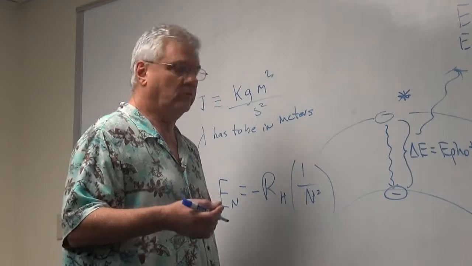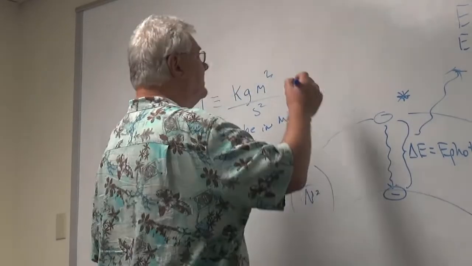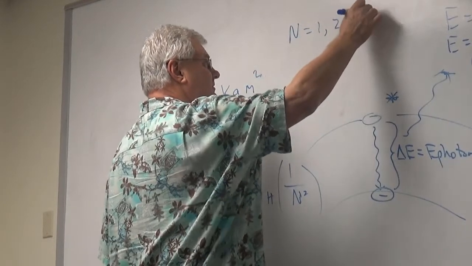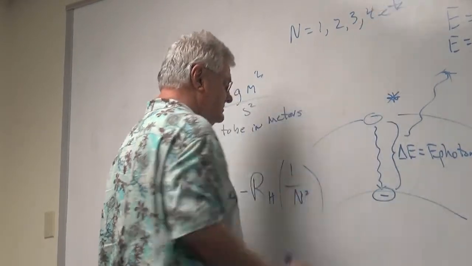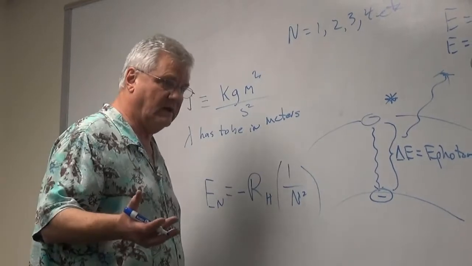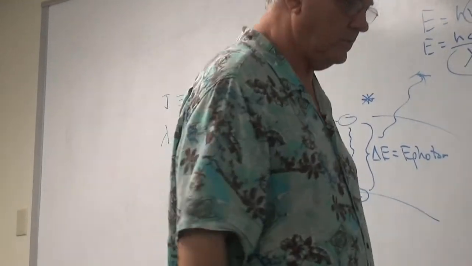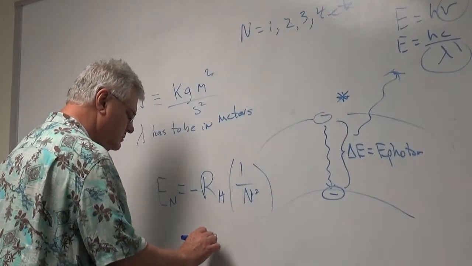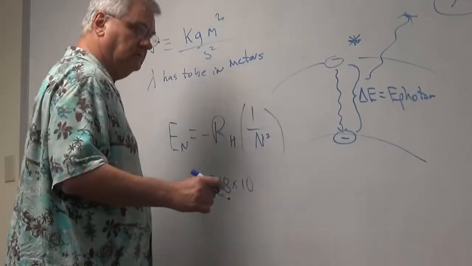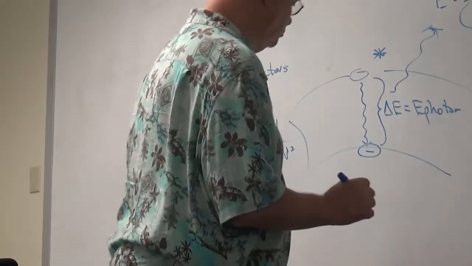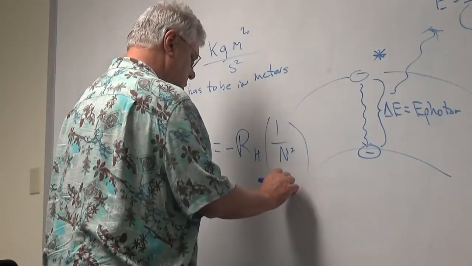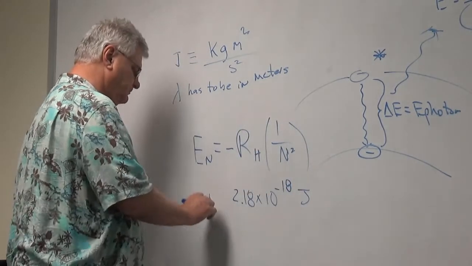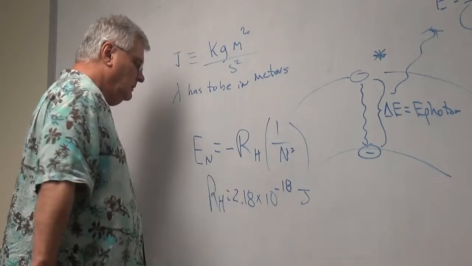So it was the first of the 4 quantum numbers that we learned about. And its values are just integers, 1, 2, 3, 4, etc. So you can use this equation, and the value of the Rydberg constant is shown there, 2.18 times 10 to the minus 18 joules, which is again a unit of energy, but this is the value of the Rydberg constant.